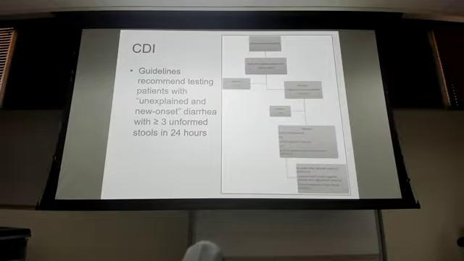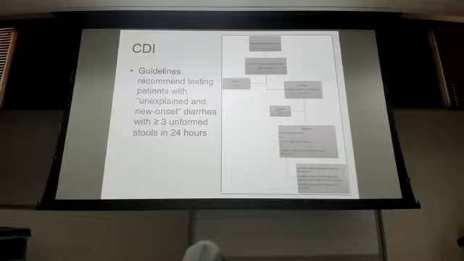Here is your algorithm for diagnostics, but usually it's 2 steps for testing. We're going to talk about what exactly the acronyms mean on the next slide, but your 2 step testing strategy usually is the antigen testing for GDH and then a toxin assay. Then NAT testing may be used for indeterminate.